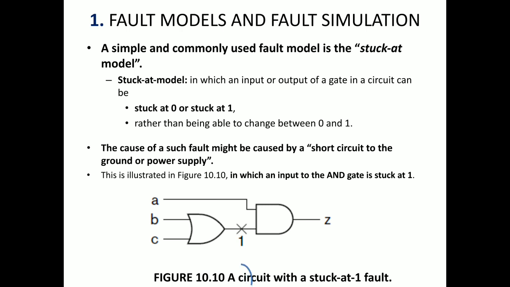You can see the encircled one, this is the output of the OR gate. This is stuck at 1 for all the time. This stuck-at-1 of the OR gate output is also affecting the final circuit, that is the AND gate. One of the inputs of the AND gate is constantly 1 for all the time.